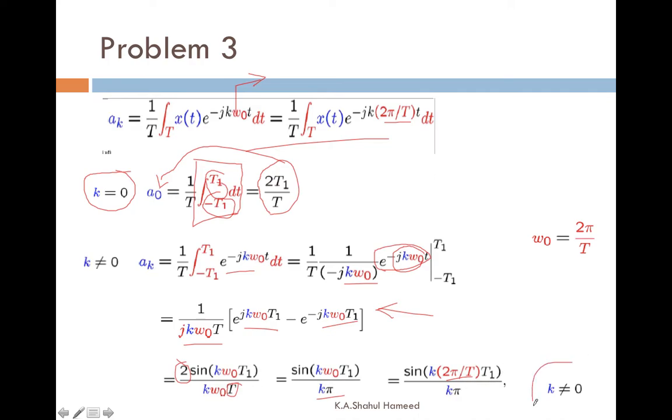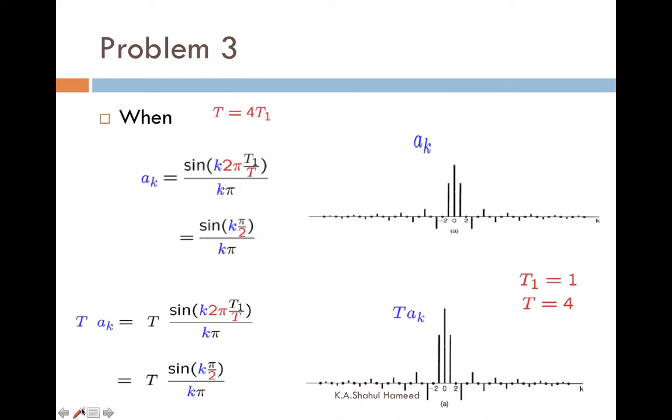Here k is not equal to 0. You have to substitute different values for this k, except k is equal to 0, and find out the value of the Fourier series coefficient. We'll start by assuming capital T is equal to 4 t1.